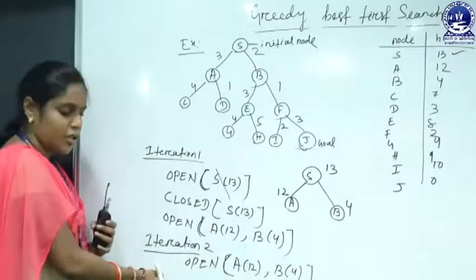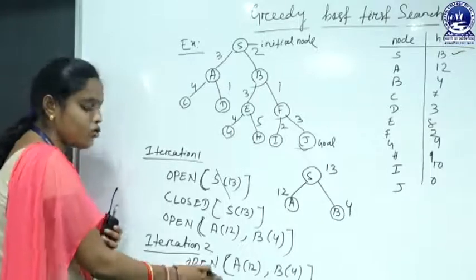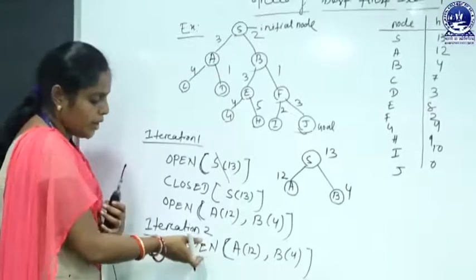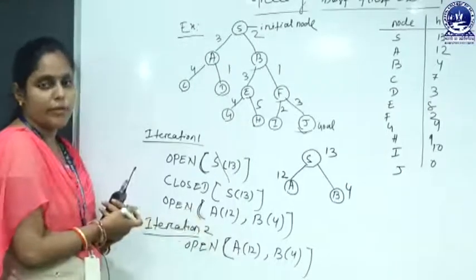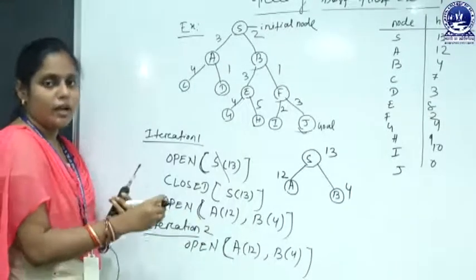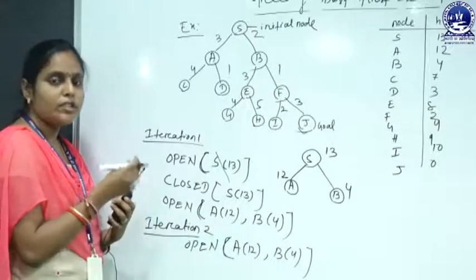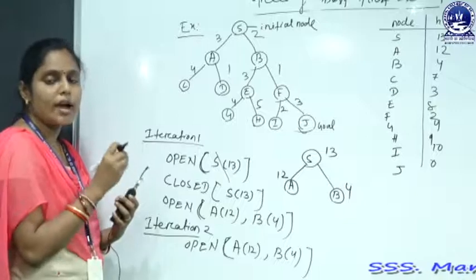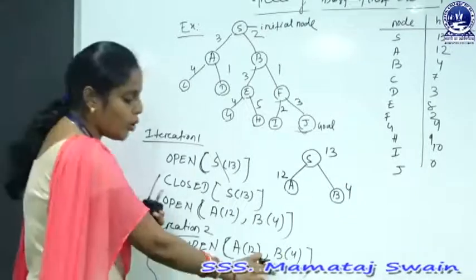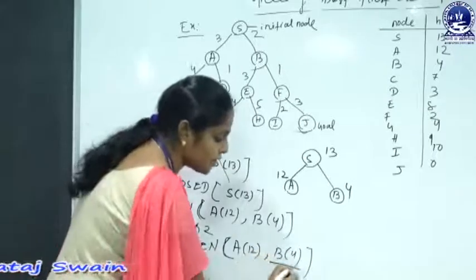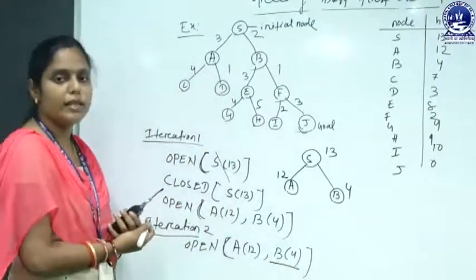According to our algorithm, again we check whether this open list is empty or not. Now look here, the open list is not empty. That means we go to step 3. Step 3 says that you select a node which has the lowest heuristic value. For node B the heuristic value is 4. That means node B has the lowest heuristic value, that is 4.